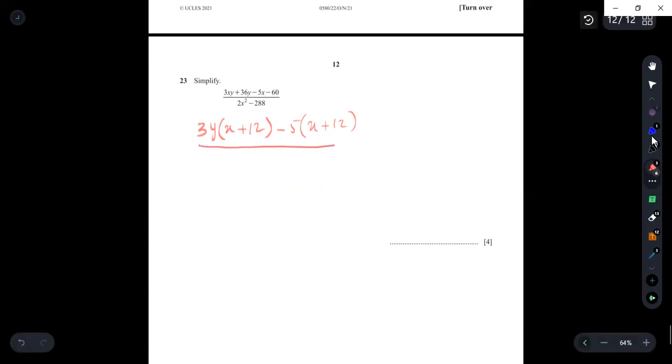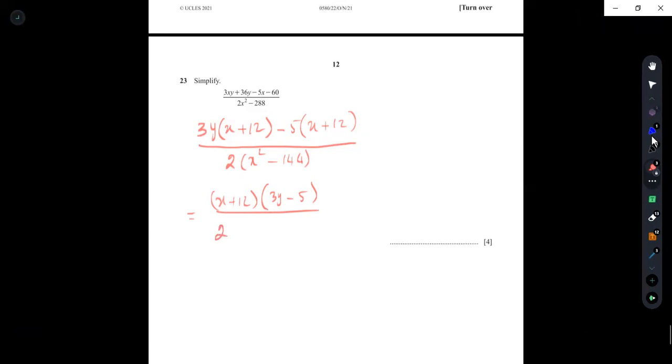Similarly, in the denominator, we have 2 common, and x squared minus 144. Then in the numerator, now we see that x plus 12 is common. The bracket is common, so we can pick it out. So we have 3y minus 5 over 2 times x squared minus 144. 144 is the square of 12.